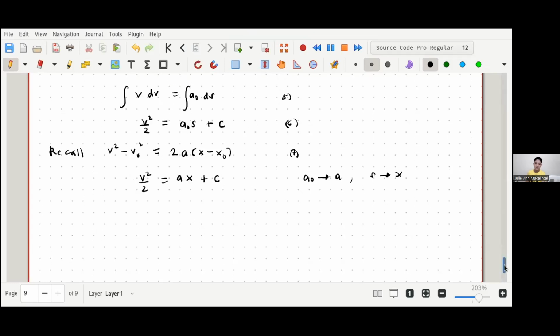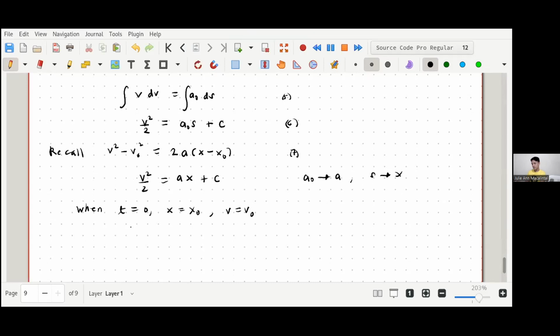Ngayon, what is this constant? So, gamitin natin yung conditions. When t equals 0, x is equal to x of 0. And v is equal to v sub 0.